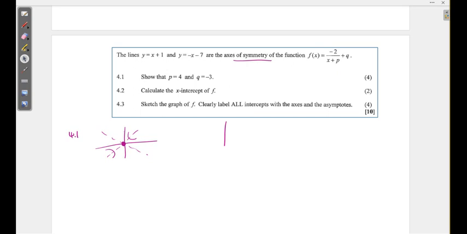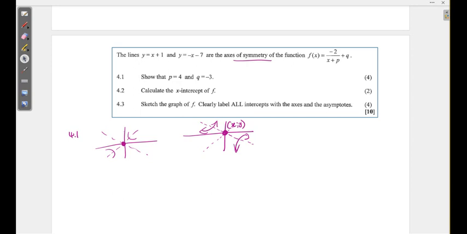It means that the function is in the third quadrant, in this quadrant and this quadrant. Now the lines of the axes of symmetry pass through each other like this. They meet at a common point. That common point has a coordinate x and y. That x and y determines the vertical and the horizontal asymptote.